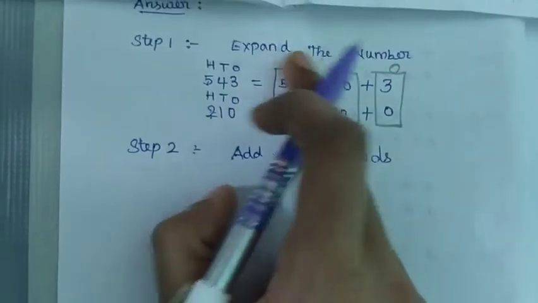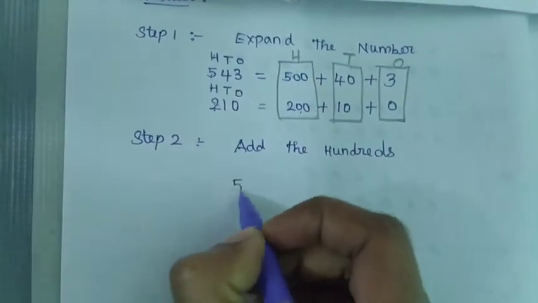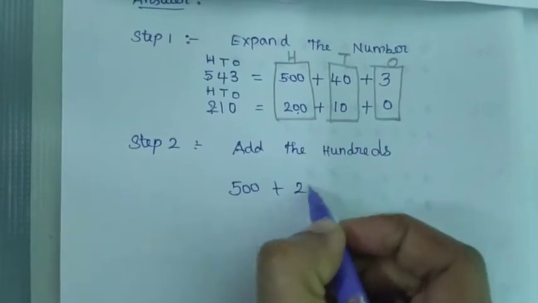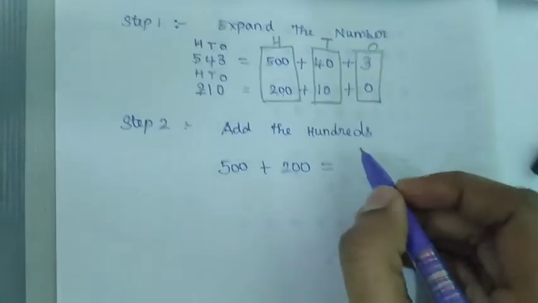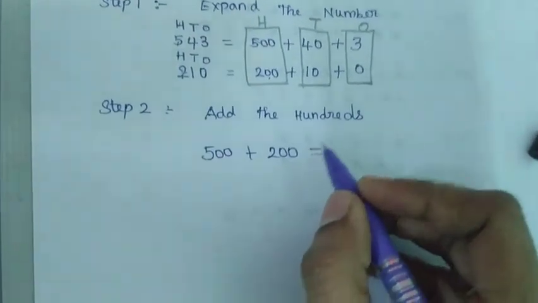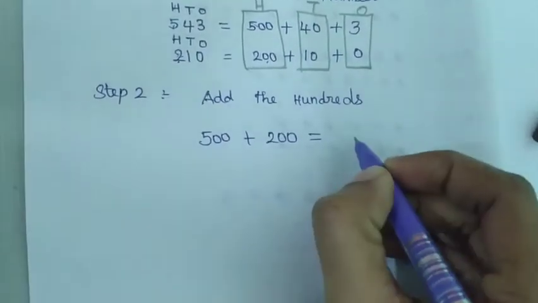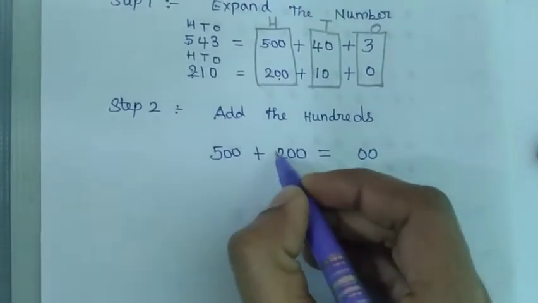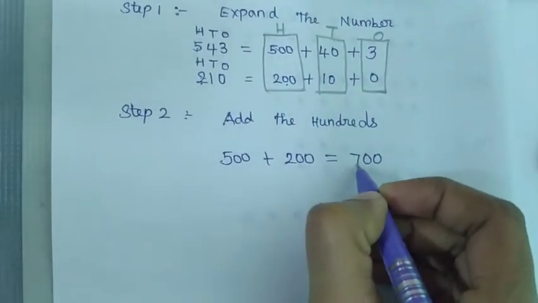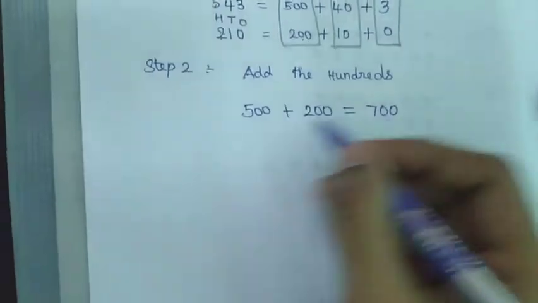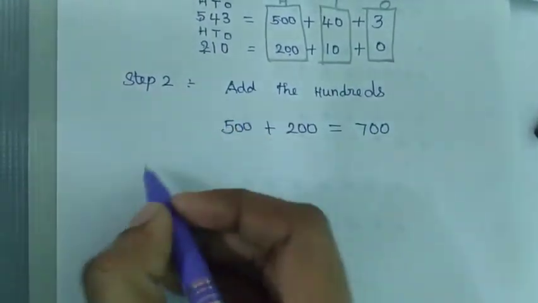First we want to add the first box. 500 plus 200. 0 0, so put 0 0. 5 plus 2, 7. So what is the answer? 700. The step 2 is over.